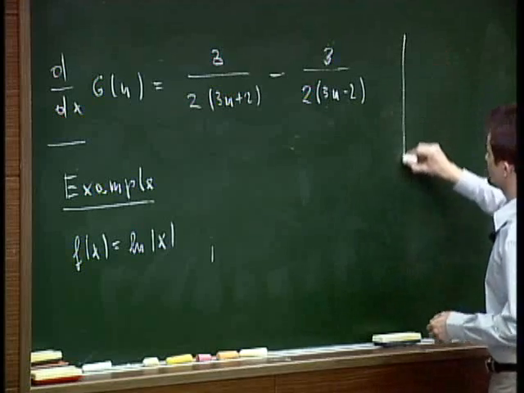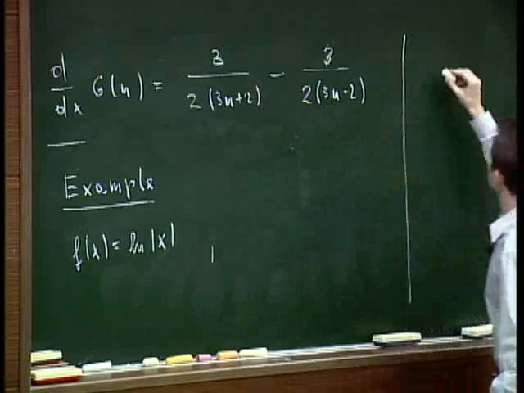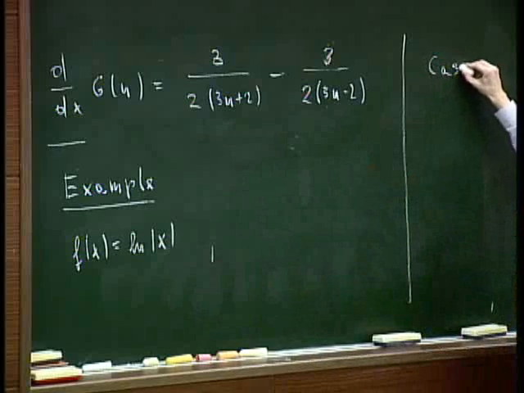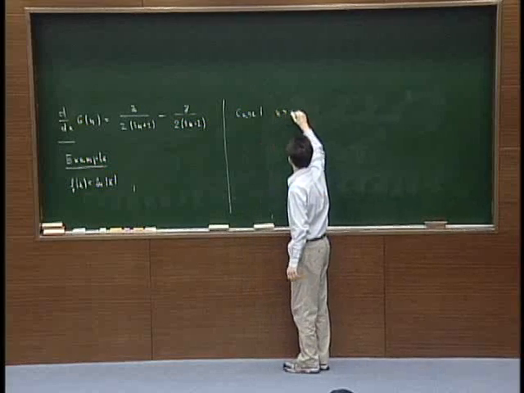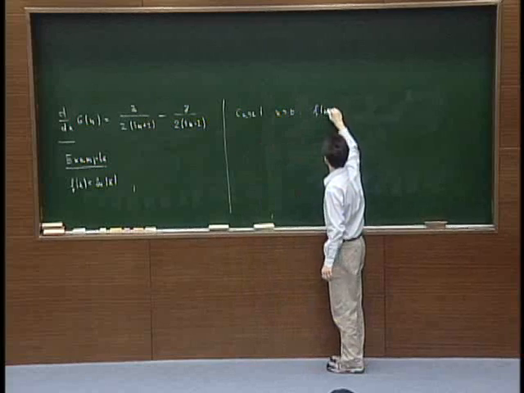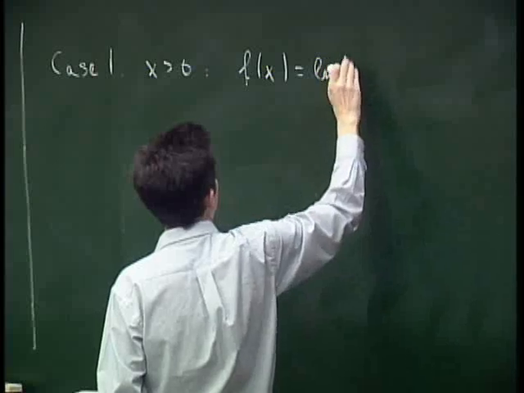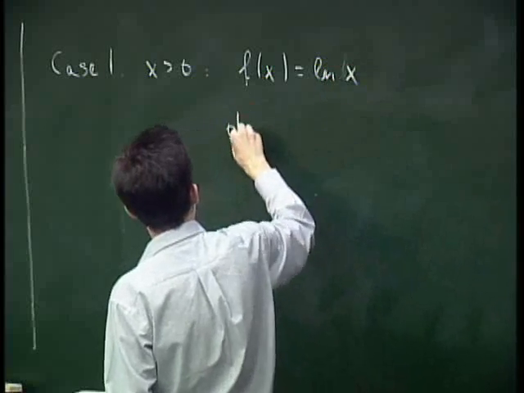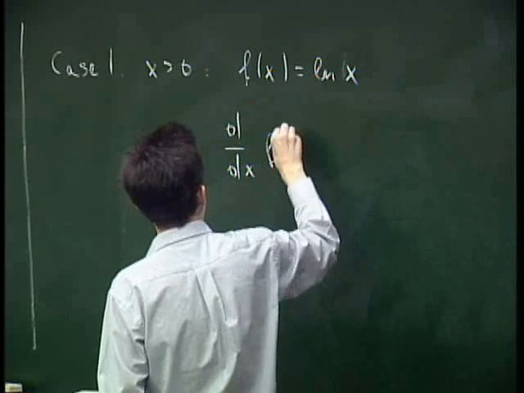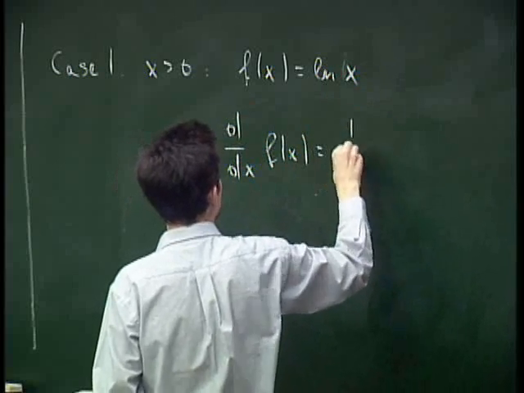The function is obviously not defined for x equal to 0, so we first look at case 1. x is larger than 0, so here the function is f of x equal to ln of x. The derivative of this function is 1 over x, as we know.